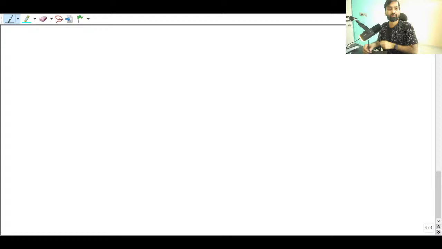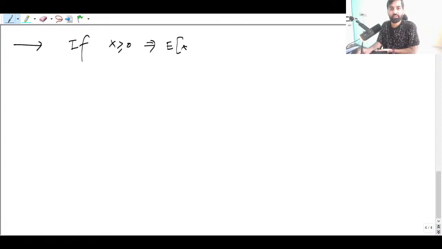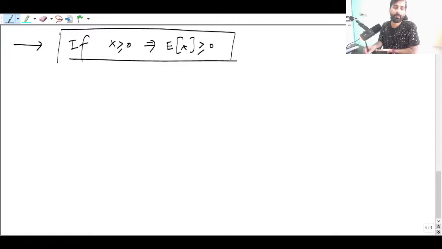I have also told you: if the random variable is greater than or equal to 0, your expectation will also be greater than or equal to 0. This is an important property that you have to remember, because your density function is always positive.